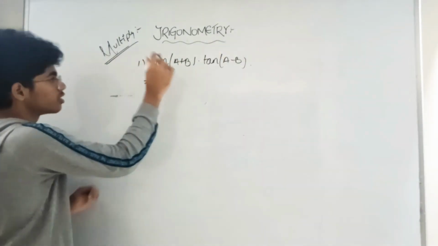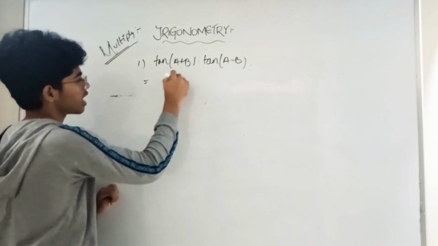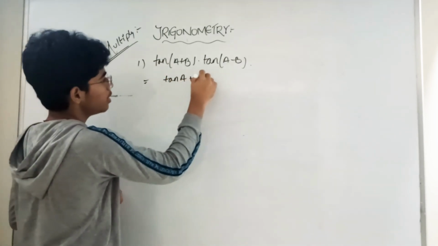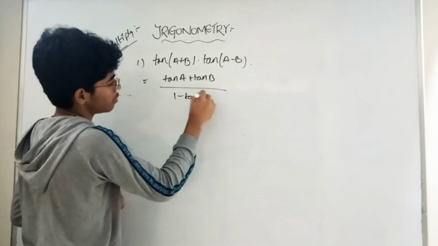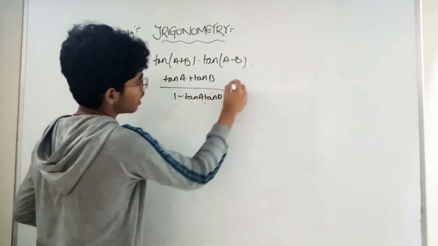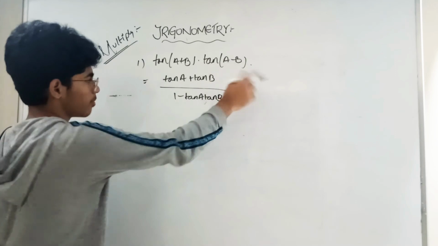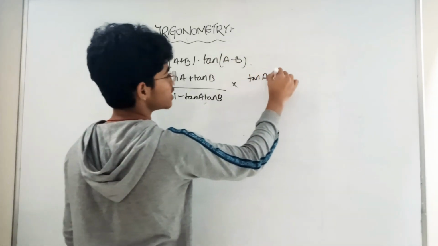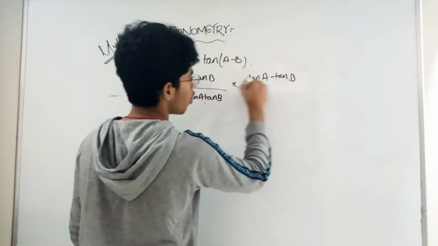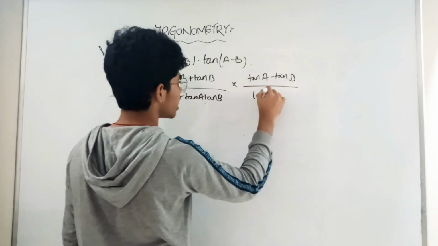First one. So what's tan of a plus b? Tan a plus tan b over 1 minus tan a tan b, into tan of a minus b, which is tan a minus tan b over 1 plus tan a tan b.